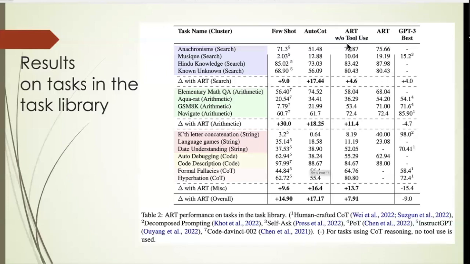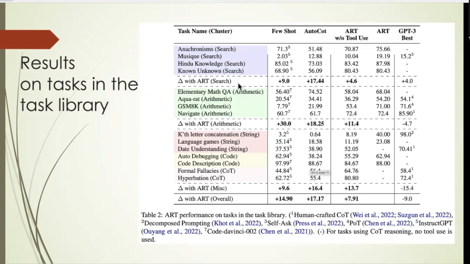For example, without tool use, you may see a drop of performance of 4.6% compared to the one with tool use. And for few shot, with ART with tool use you can see about 9% improvement.